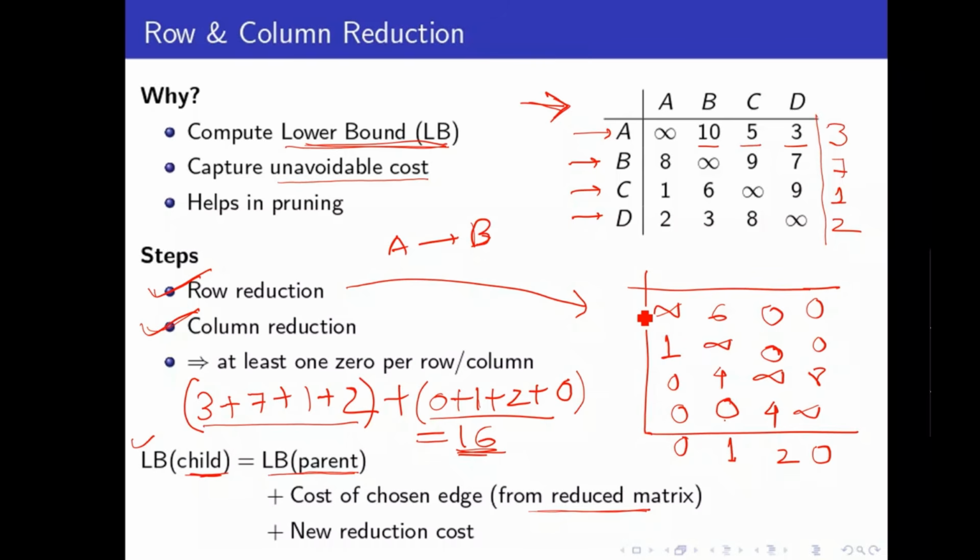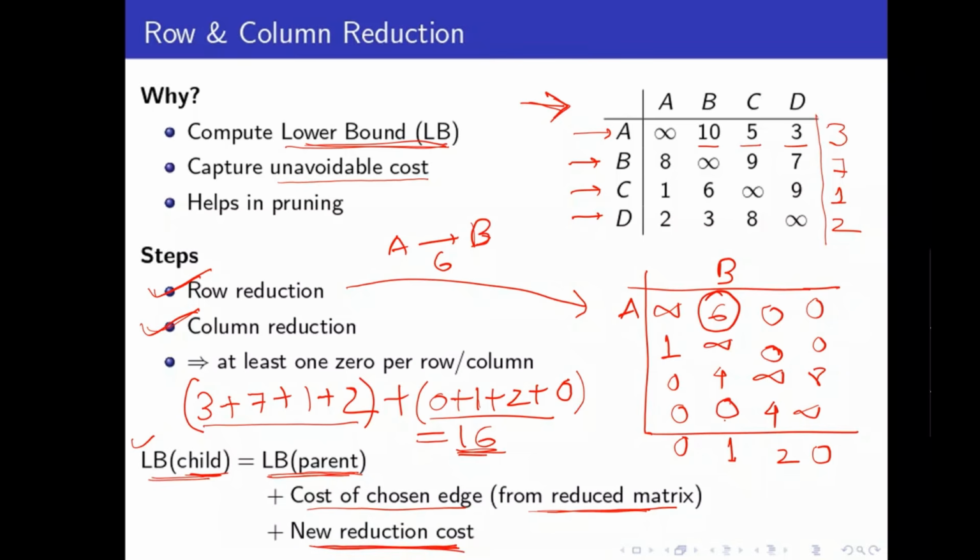Here, say A to B, this will be 6. Then add the reduction cost. So remember this: to calculate the lower bound, we have to add 3 costs: the lower bound of the parent, the edge cost from the parent reduced matrix, and the reduction cost.